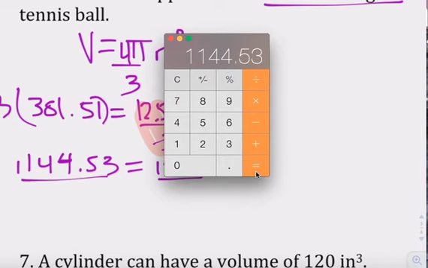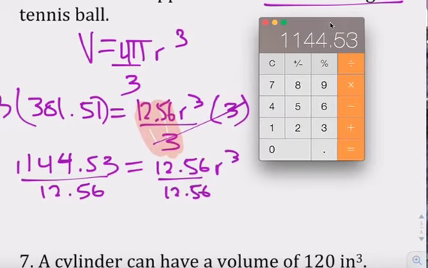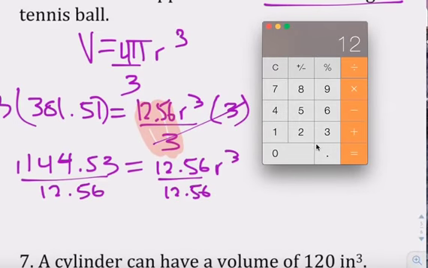Divide that by 12.56 equals 91.125. That's 91 and 1/8, I believe. Yes. Equals r cubed.